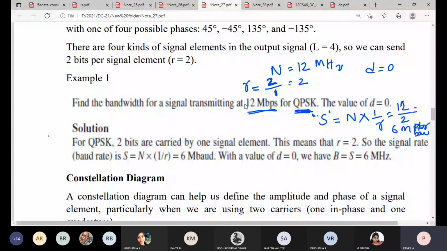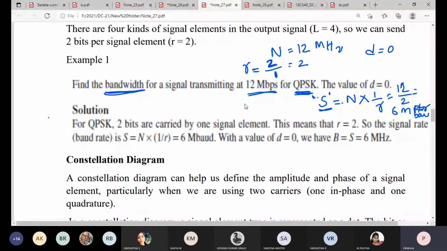Now you got the signal rate, but actually what they asked is the bandwidth. We already know there is a formula: B is equal to (1 plus d) into S, where S is the signal rate. D is 0, so you will be getting the value 6 megahertz.